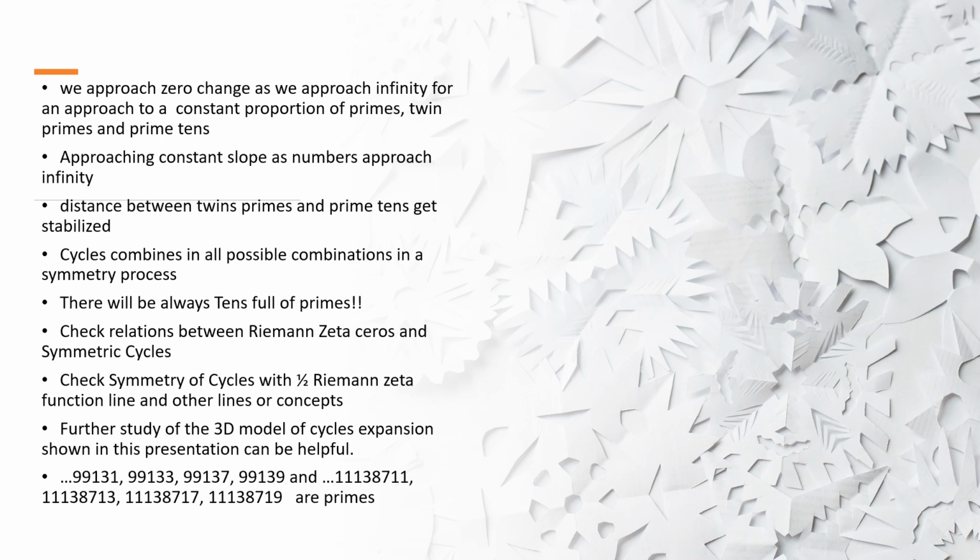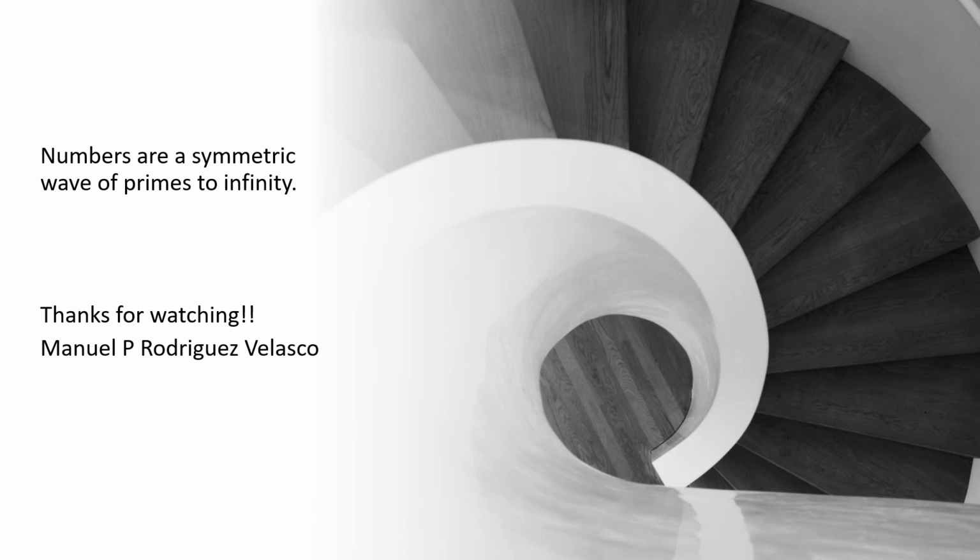Further study of the 3 models of cycle expansions shown in this presentation can be helpful. And you have there 2 prime tens, 2 tens full of primes. One is in the tens of thousands and the other one is in the millions already. Numbers are a symmetric wave of primes to infinity.